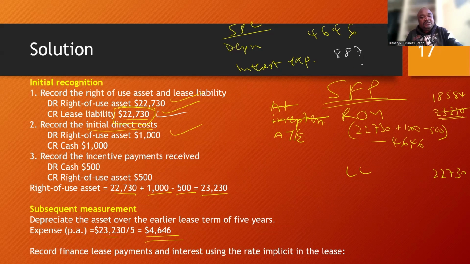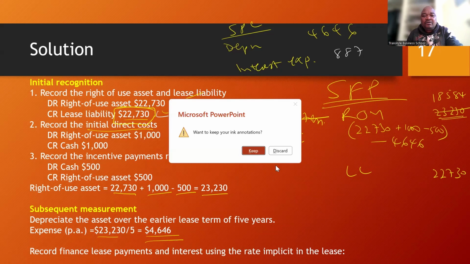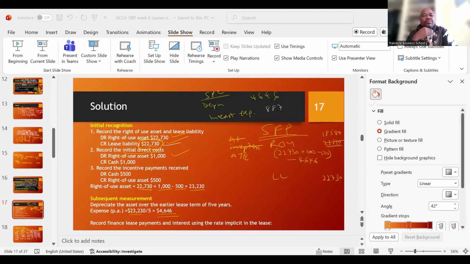Let me look, just for interest sake, for the technical article on IFRS 18, so that we are always alert on the requirements, especially the aspect on presentation. This is something like it.